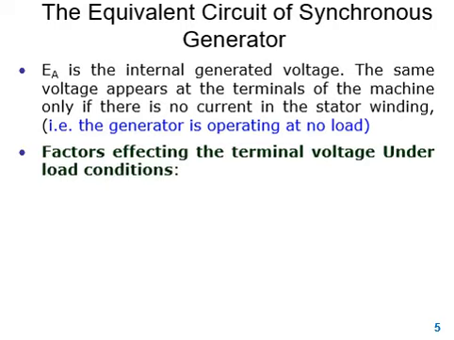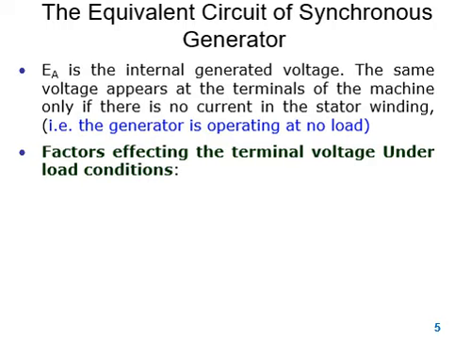E of A is the internal generated voltage. The same voltage appears at the terminals of the machine only if there is no current in the stator winding, and there will not be any current in the winding only if there is no load connected to the generator.